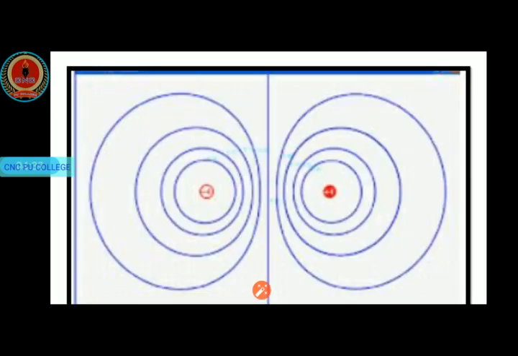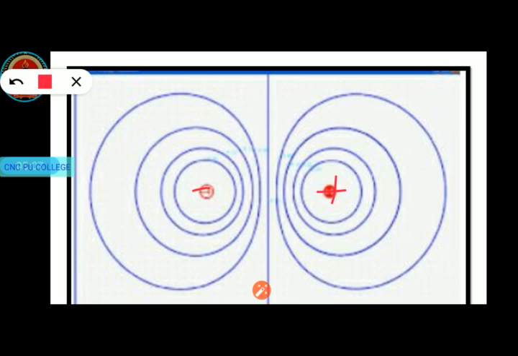Now here we are representing the equipotential surfaces in the case of unlike charges, where one must be negative and the other positive. As they experience an attractive force, the surfaces are close together in the region between the two charges.